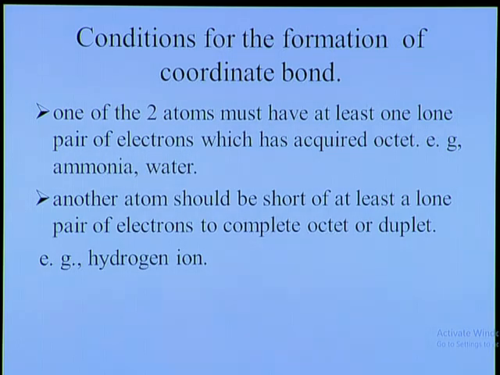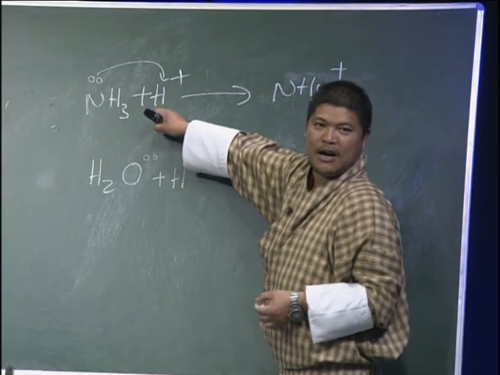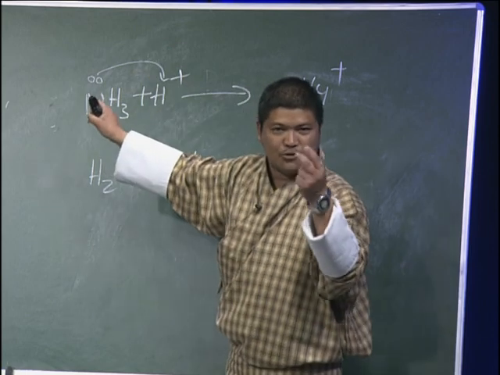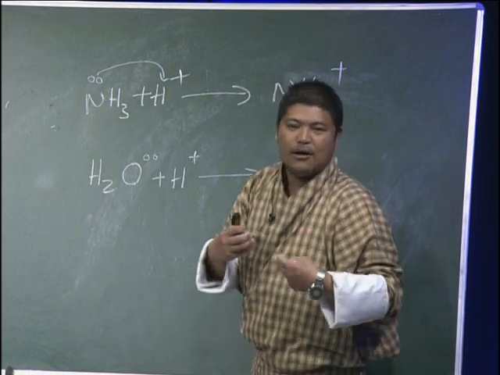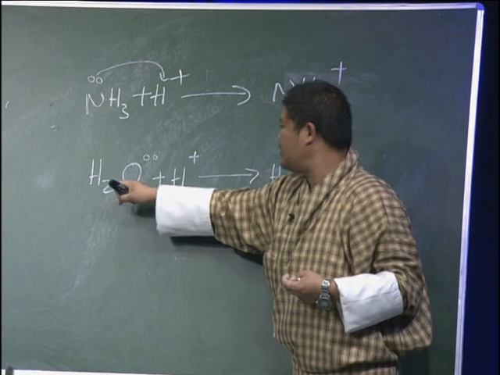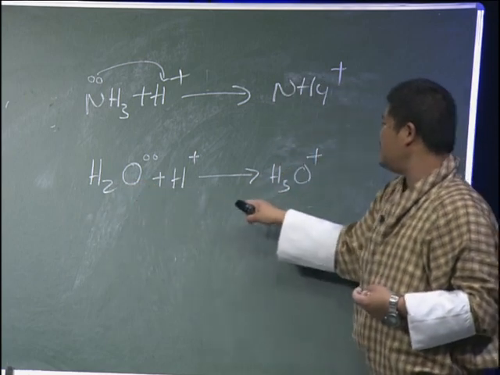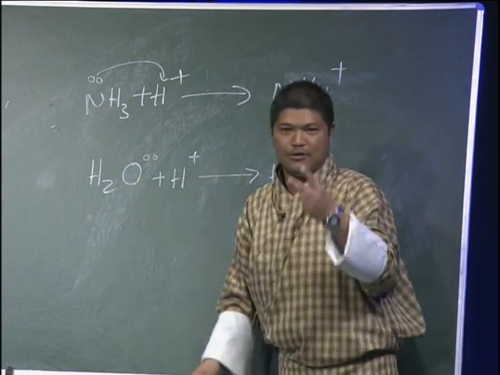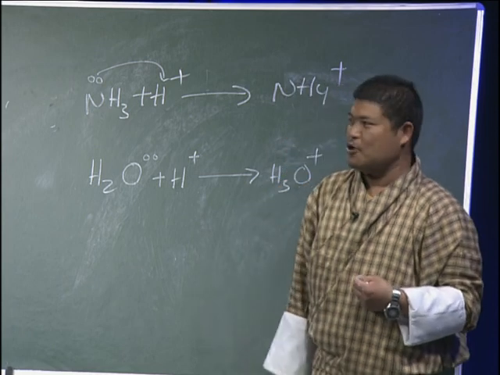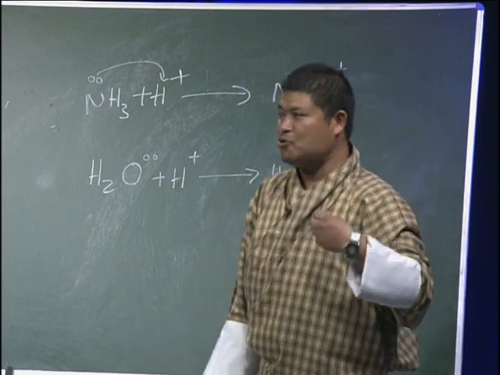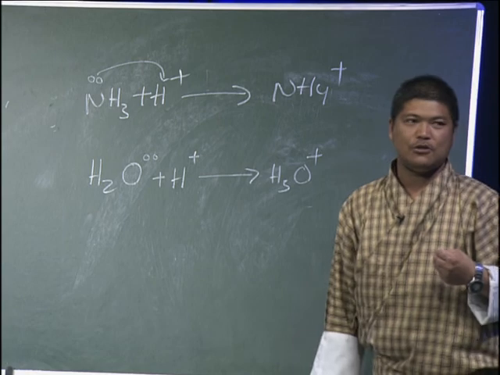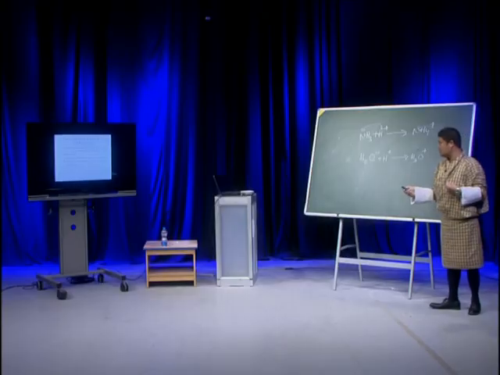Here the acceptor is the hydrogen ion, which is in need of 2 electrons to complete the doublet state. Similarly, in the formation of the hydronium ion, the hydrogen ion is in need of 2 electrons to complete its doublet state. So these are the 2 conditions required for the formation of a coordinate bond.